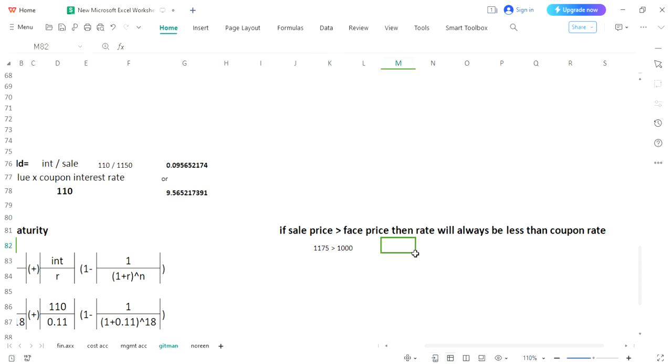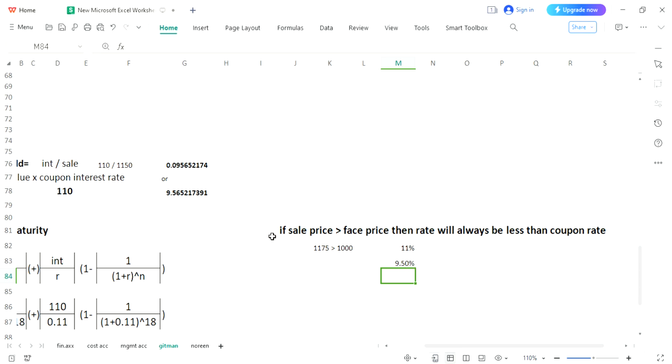Coupon interest rate was 11%, and the rate which we have calculated is 9.5%. So now you come to know, if sale price is more than face price, then the rate will always be less than the coupon rate. And yes, according to the rule, it has been proved. Our sale price was more than face price, the coupon rate of interest was 11%, and the required rate which we have calculated is less than the coupon interest rate.